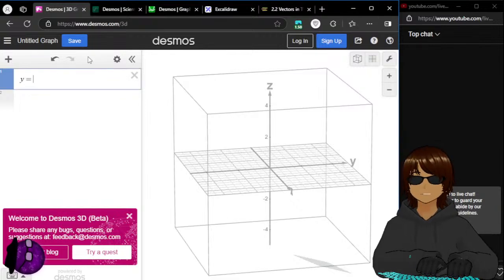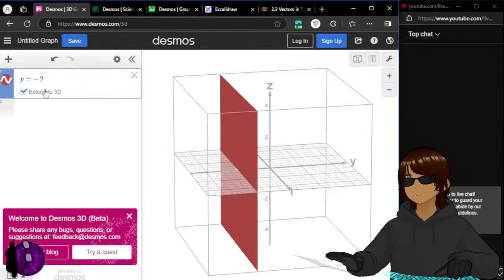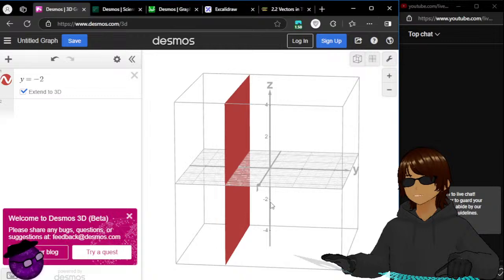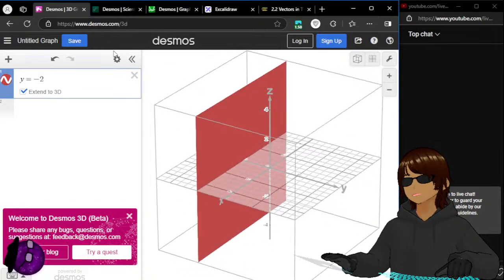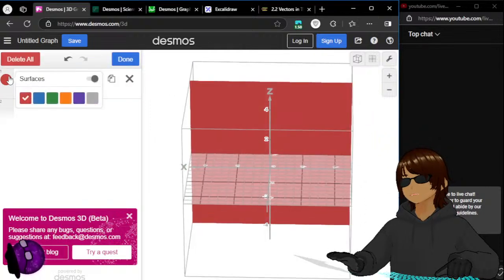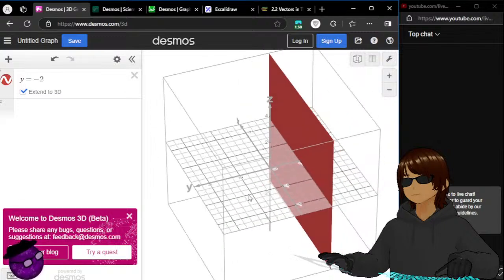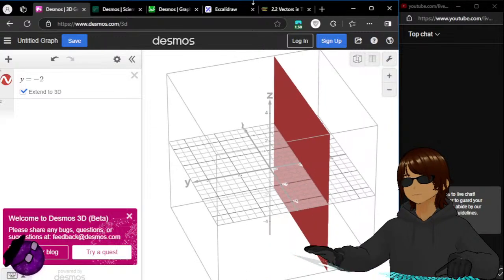Yeah, y is equal to -2. Oh, sorry, this is z. I mean here. Can I make it translucent? I don't think so.